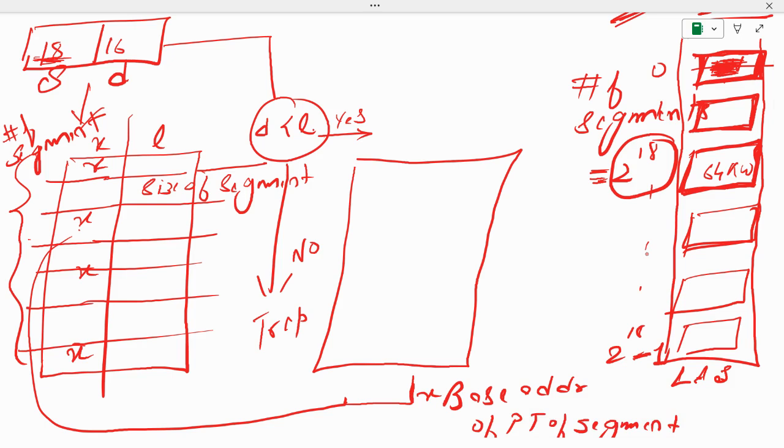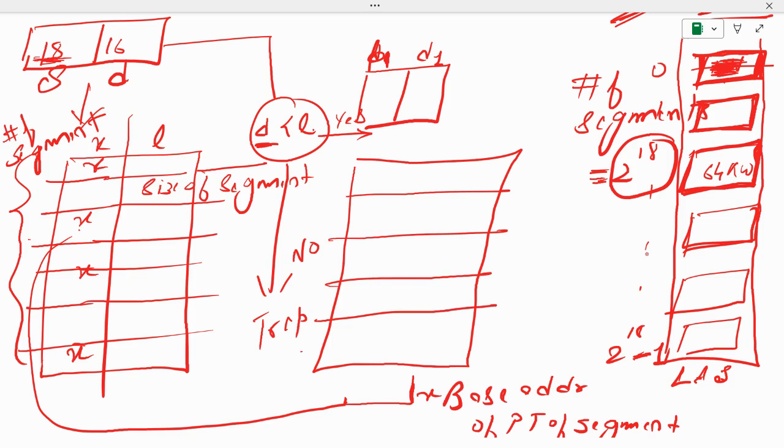Now here we are dividing the component D into two parts, P1 and D1. Since we have this page table of the segment, there are certain pages in it.